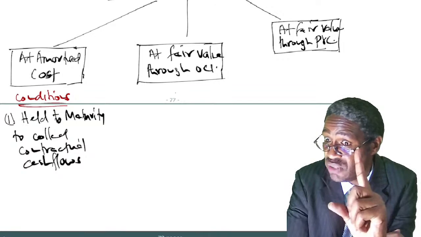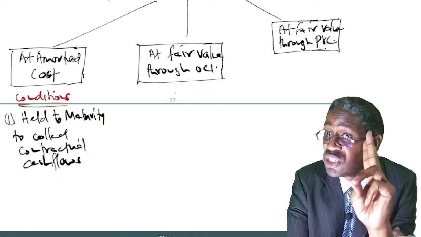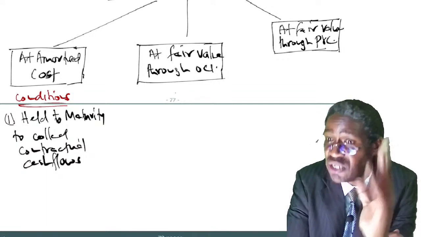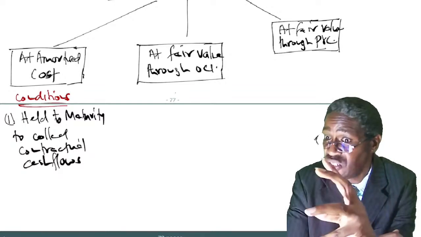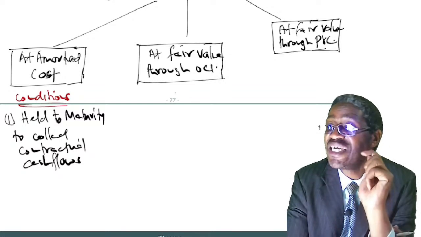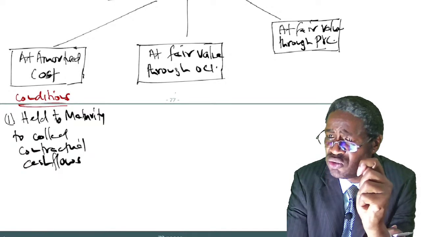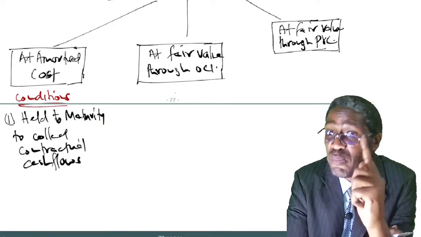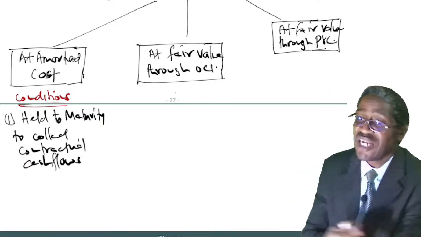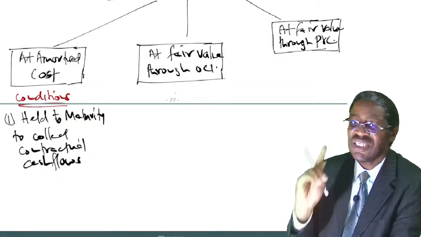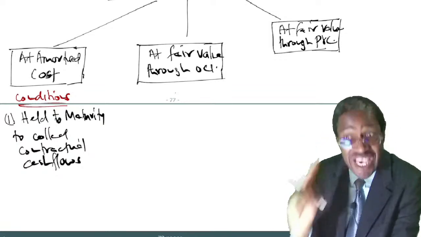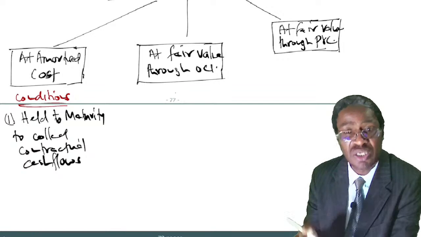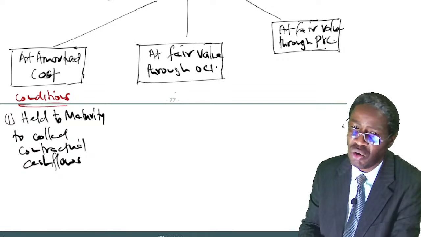I've already mentioned them. Every year you will be receiving 20 million interest. Then in the year of redemption, you will be paid your principal.